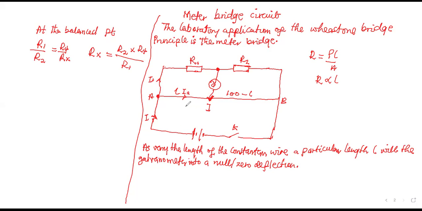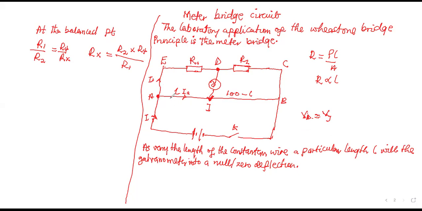Okay, so at that length, the galvanometer would reach zero, meaning that, assuming we have A, B, C, D, E, no current will flow through the point JD because they are at the same potential, meaning V at D is equal to V at J. So I1 will flow through R1 and will continue to flow through R2.